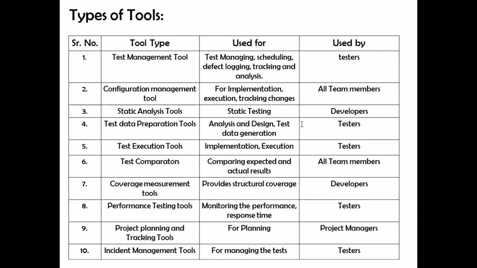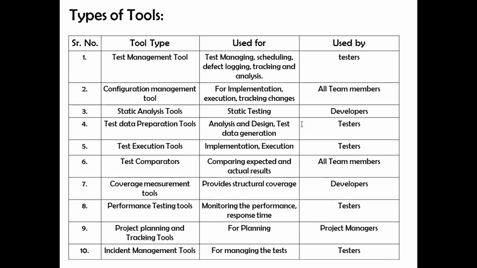First type of tool is the test management tool. It is used for test managing, scheduling, defect logging, tracking and analysis. It is used by the testers. Second is the configuration management tool. This is for implementation, execution, tracking changes. So all team members can use this tool.